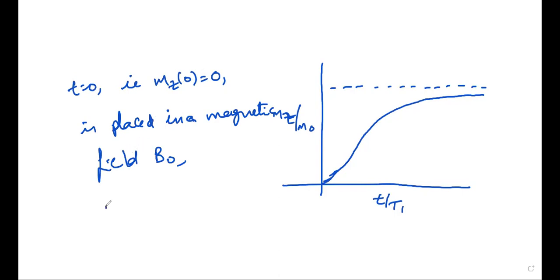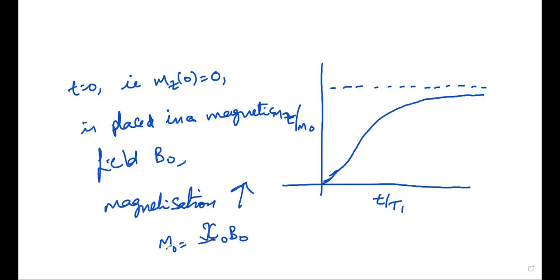The magnetization increases with time and approaches a new equilibrium value, M naught, which is equal to chi naught B naught.